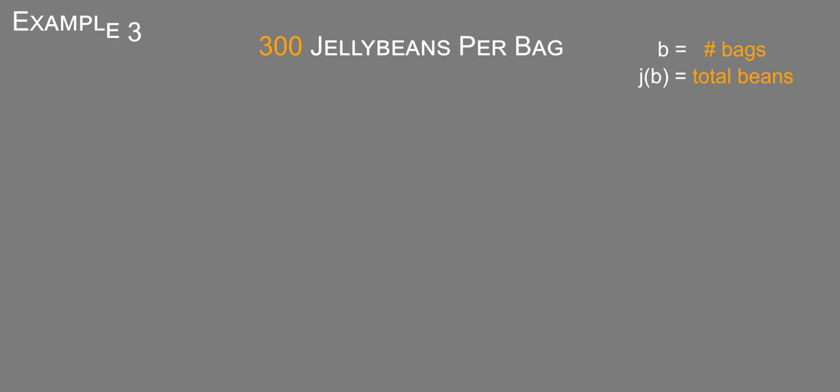We're asked to identify the independent and dependent variables, determine what values for the domain and range make sense for the situation, then to write a function to represent the total number of jelly beans for any number of bags.